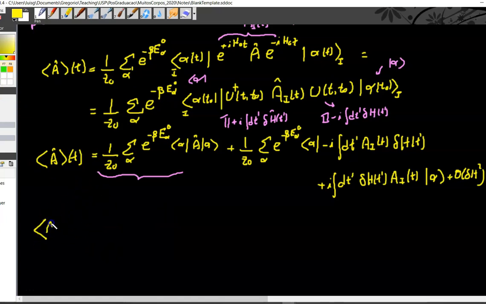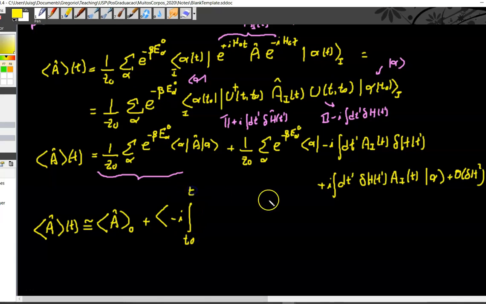So A of t in this approximation is A calculated in equilibrium. And this is also going to be an expected value in equilibrium of whatever's in here, which is, let me write this, minus i, the integral from t naught.